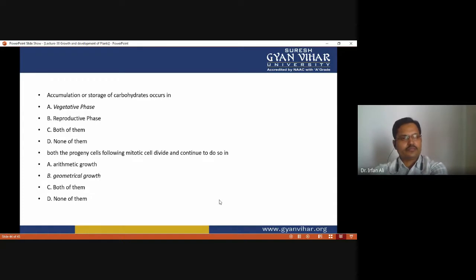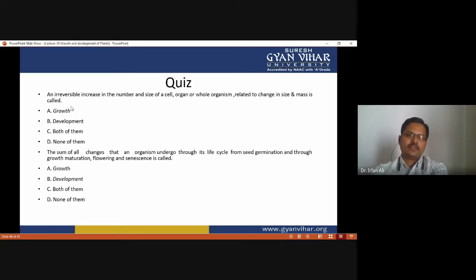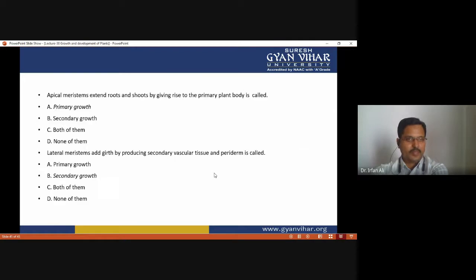The correct options are represented in italics. An irreversible increase in the number and size of cells, organ, or whole organism related to change in size and mass is called growth. The sum of all changes that an organism undergoes throughout its life cycle, from seed germination through growth, maturation, flowering, and senescence, is called development.